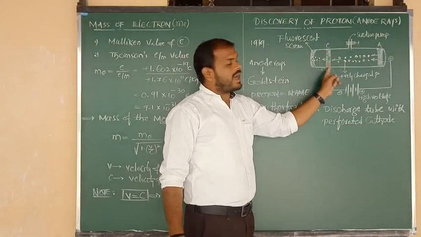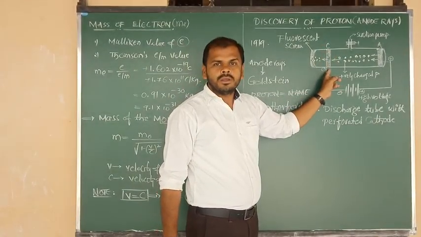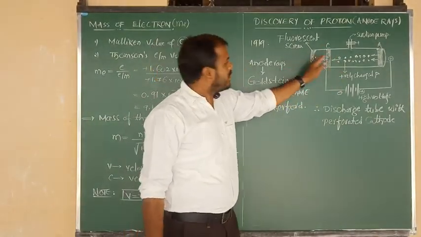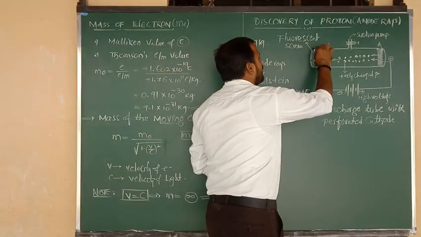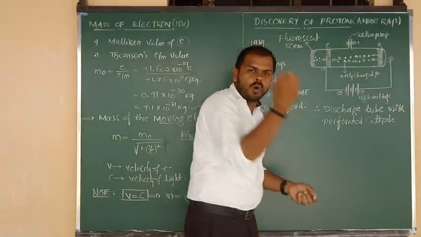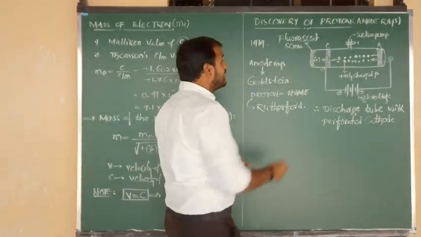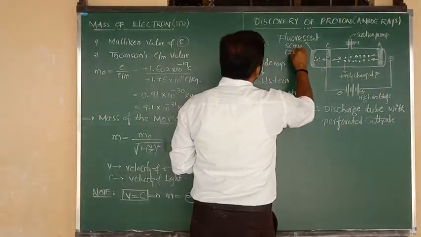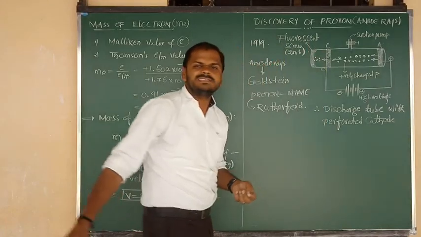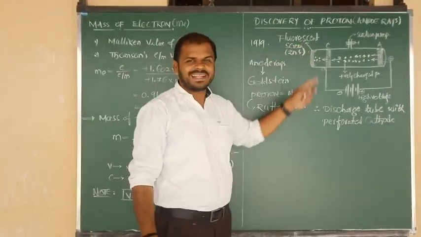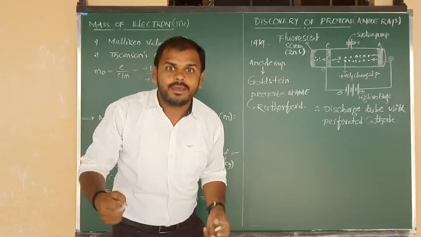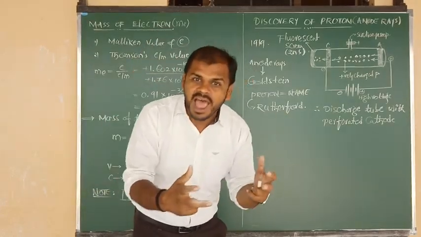Now, after the arrangement of the cathode, towards the left end, we make a coating with the material you know very well, zinc sulfide (ZnS), because it acts as a fluorescent screen to show whether protons are releasing or not.